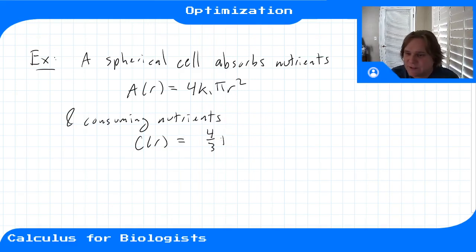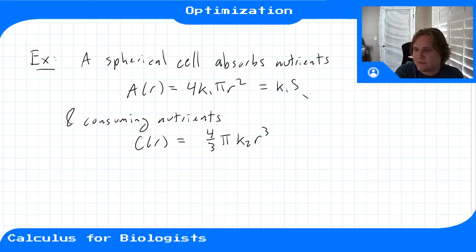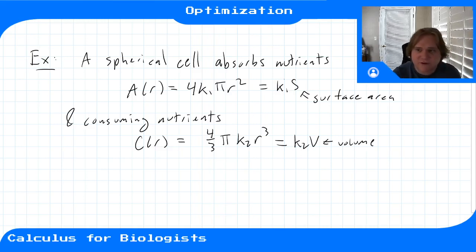So once the nutrients are inside the cell, it can dissolve them or consume them in whatever processes it needs to. So this is proportional to the volume, k2 times V, which is the volume. One of these functions is proportional to surface area, one is proportional to the volume.